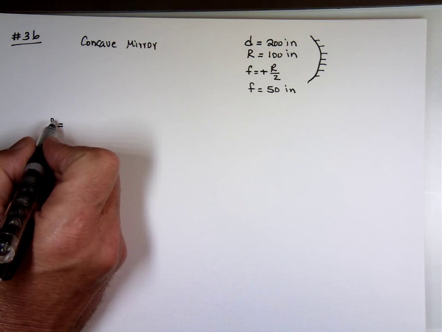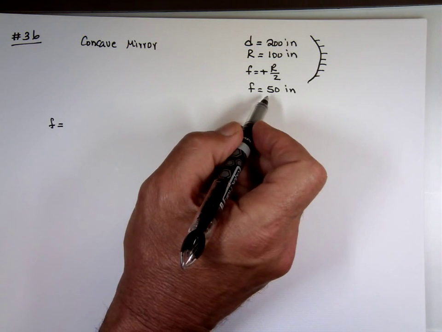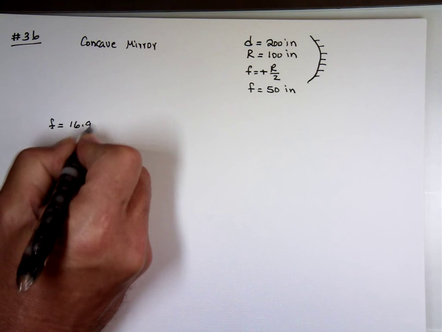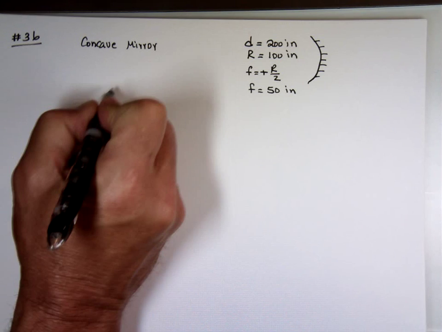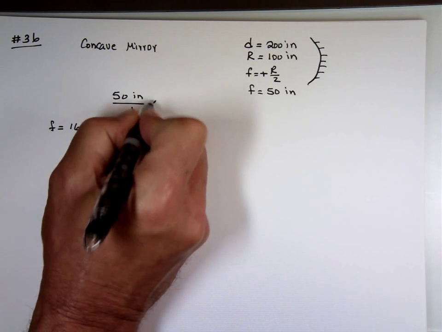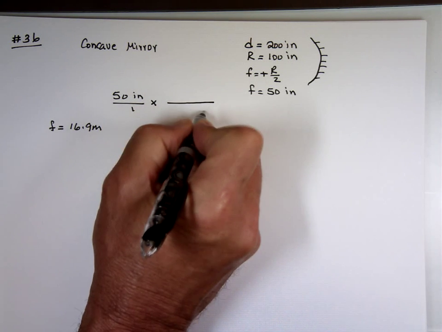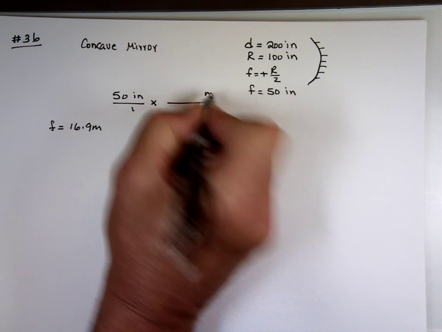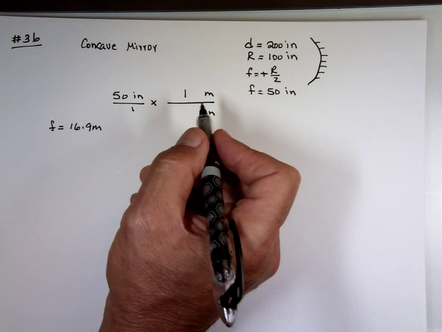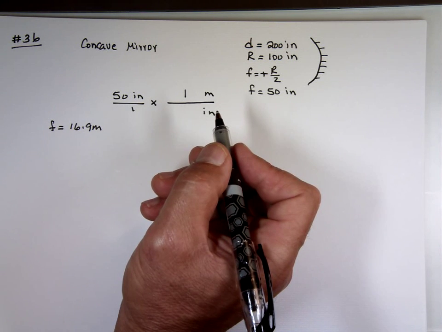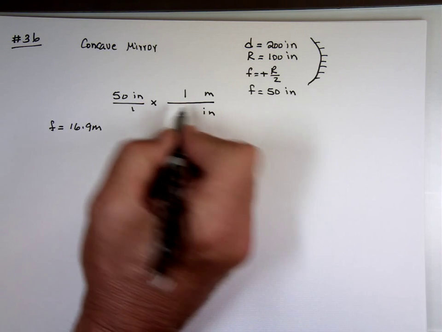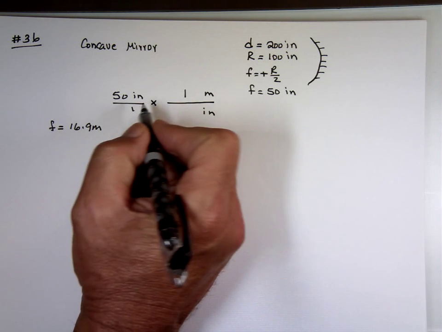Or could it be that 50 inches? Is that 16.9 meters? Is that what the 50 inches is? Let's see. What is 50 inches equal to? Convert that. 1 meter has how many inches approximately? 39, so that's not 16.9 meters.